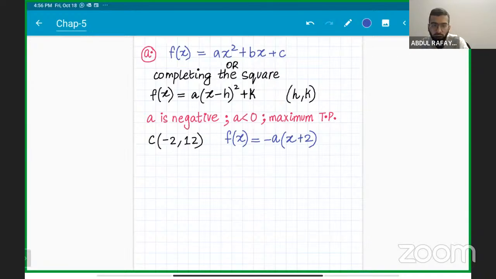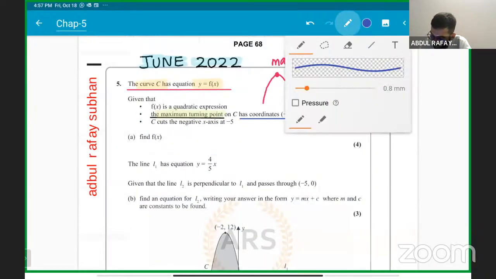The x coordinate is -2, but the turning point comes inside the bracket as x plus 2, and the plus k is copy pasted as it is, so that will be +12. So students, we are very near to getting the quadratic equation. We have got minus a (x plus 2) whole squared plus 12 with the help of the two bullet points.